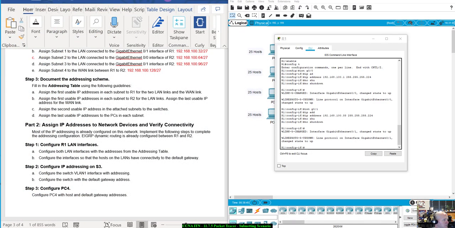We should be about 46% completed right now, according to my activity window. So we've done that.